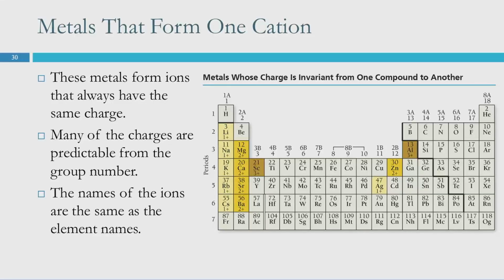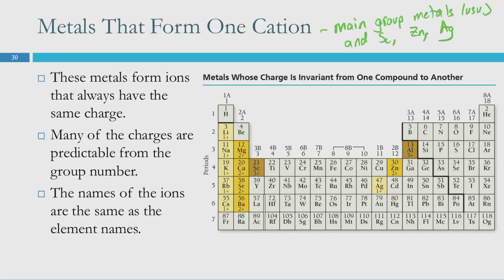So metals that form one cation are going to be main group metals, generally. Not all of them get included in this. And scandium, zinc, and silver.